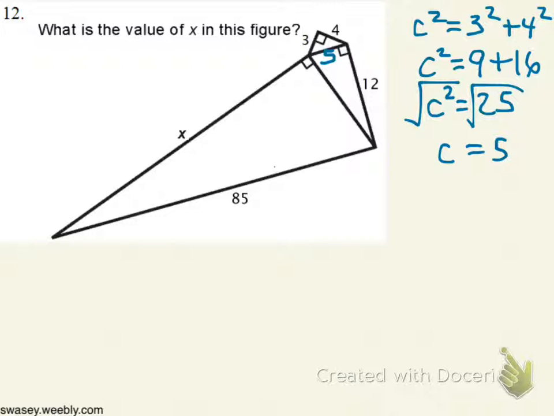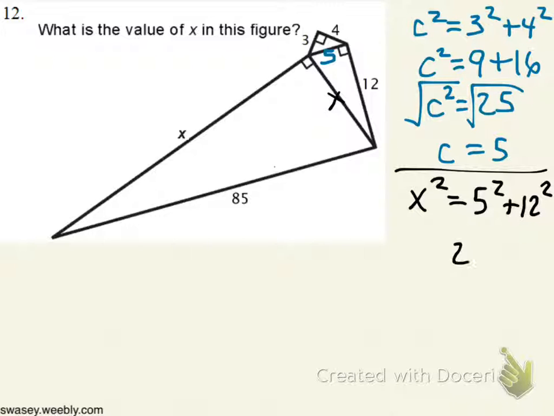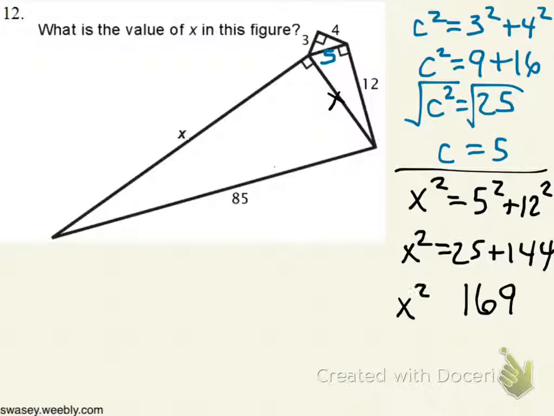Now we've got 2 of the 3 sides in a right triangle here, so I guess I'll call that side x. So I have x squared equal to 5 squared plus 12 squared. So that's 25 plus 144, that's 169. And then to get rid of squared, we'll square root. Only a positive answer makes sense here. So we'll have 13 for that side length.